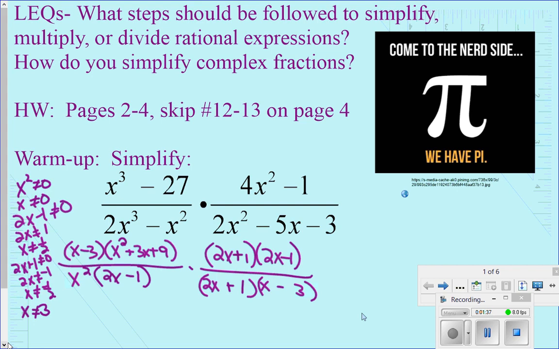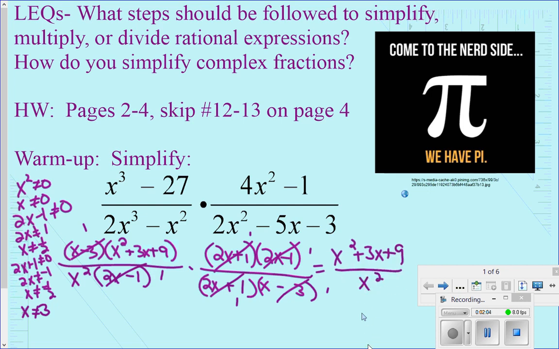So I'm ready to look on the diagonals and on terms on top of one another. So I see 2x minus 1. I see x minus 3's. I see 2x plus 1. Looks like that's it. So my answer is x squared plus 3x plus 9 over x squared.